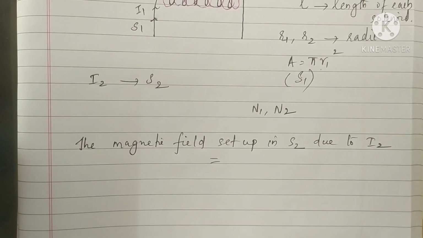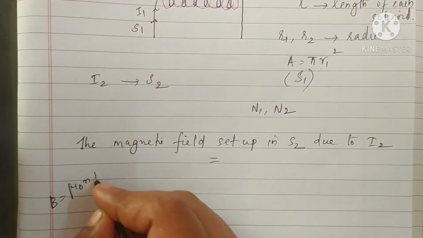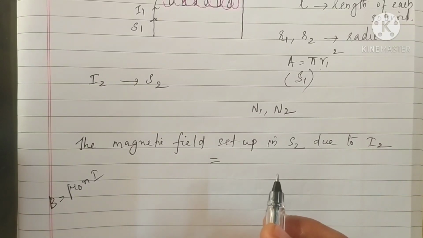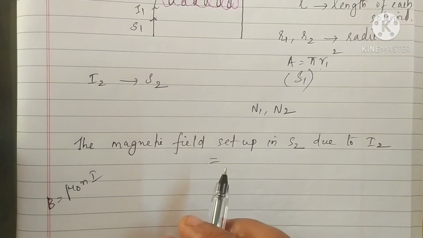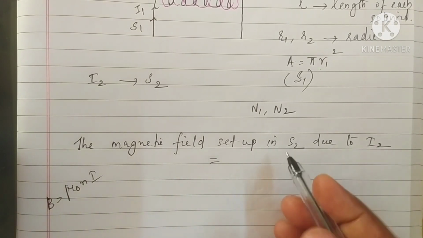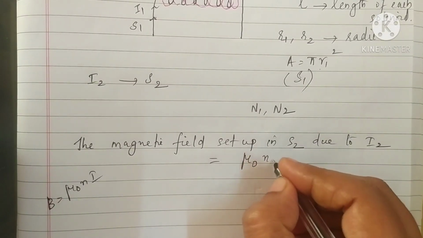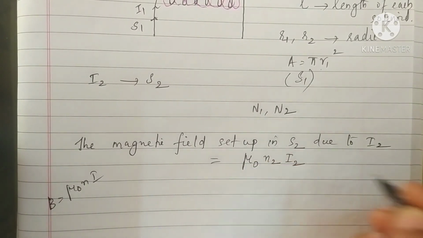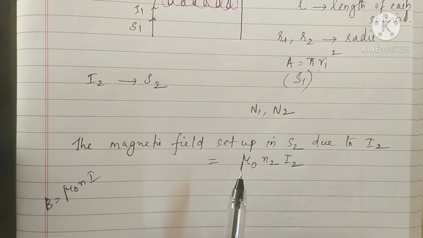What is the expression? The general expression is B equal to mu naught n i. Here the current is I2, and the number of turns you can take as N2. So the expression is mu naught N2 I2. Clear? Capital N is the total number of turns.